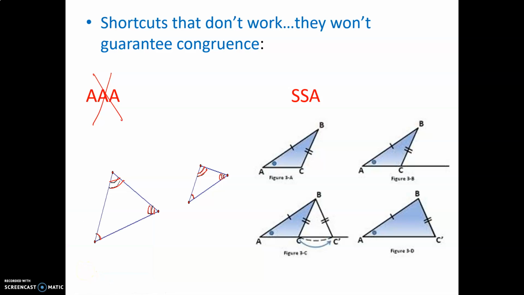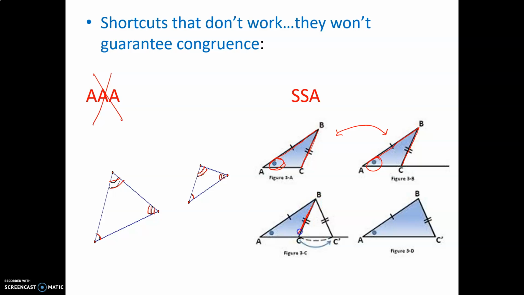So now, why does SSA not work? Here's a side equaling this side, equals this one, and this angle equals this one. So it's an angle here, and two sides, the angle's not between them, so it'll be ASS or SSA. So I can get two congruent looking triangles, but look at the second case.